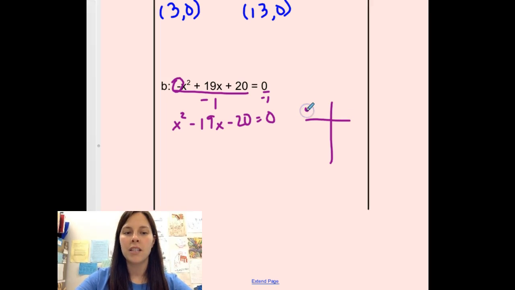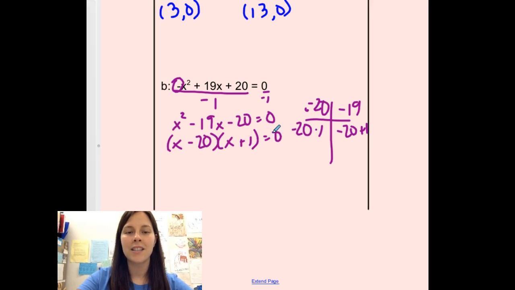Now we can set up our t-chart. What multiplies to -20 and adds to -19? -20 times 1 is -20, and -20 plus 1 gives us that -19. So we factor this into x minus 20 times x plus 1.